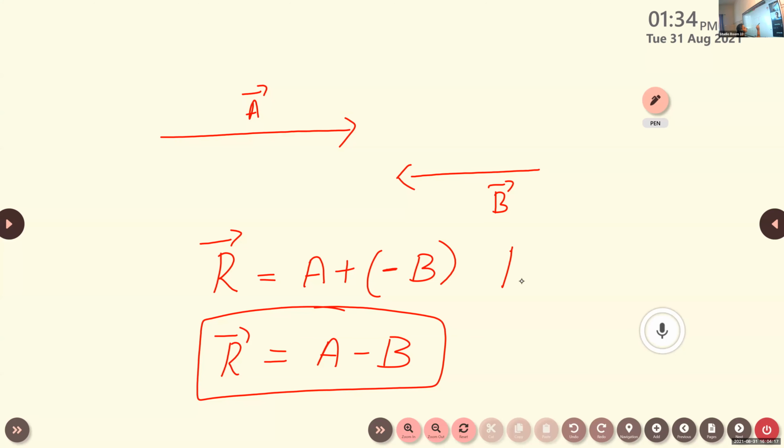So the resultant vector R is equal to A plus B, but the vector B is in the opposite direction, so you must put a negative sign here. A plus minus B. You don't need to write the vector symbol because here we consider the magnitude of the first vector, A, plus the magnitude of the second vector B, but the second vector lies in the opposite direction to that of the first one. So we put a negative sign here. So in effect, it becomes R is equal to A minus B.